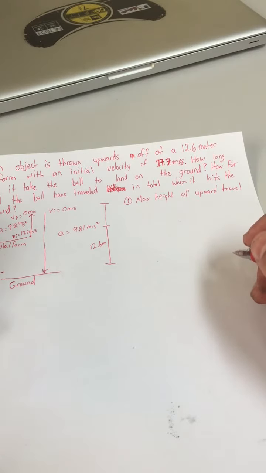So we have 0 meters per second squared, which is equal to our initial velocity, 17.7 meters per second, plus 2 times negative 9.81 meters per second squared times a final term of D. So from this, you're going to have to start moving terms around to isolate for D.